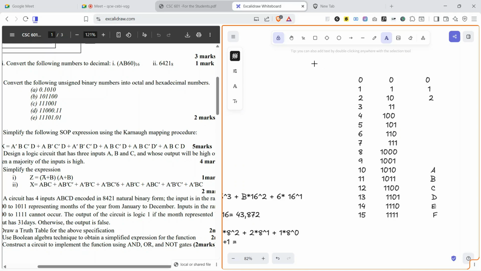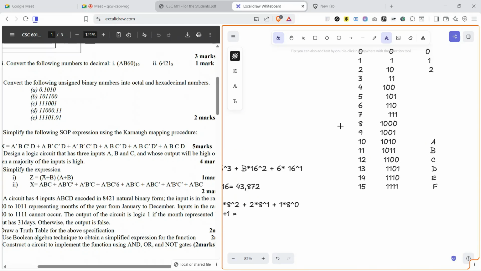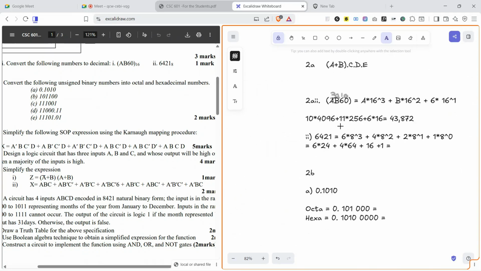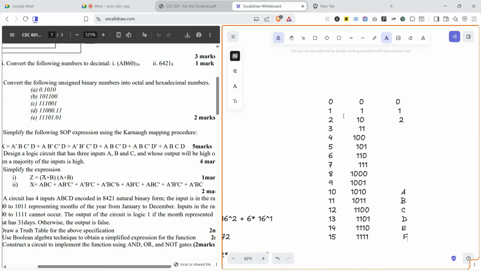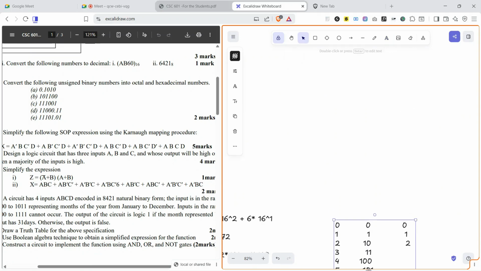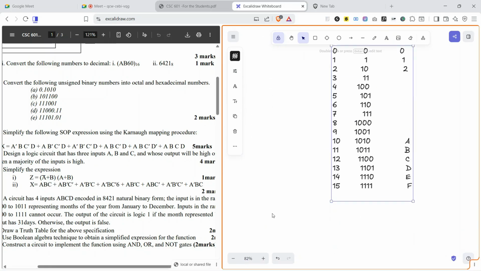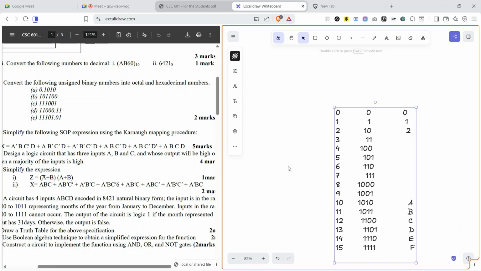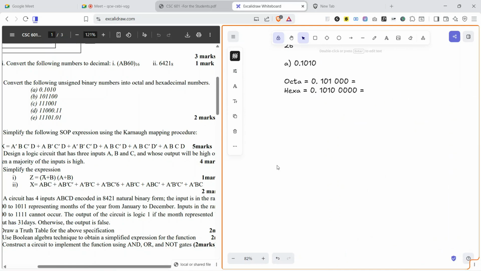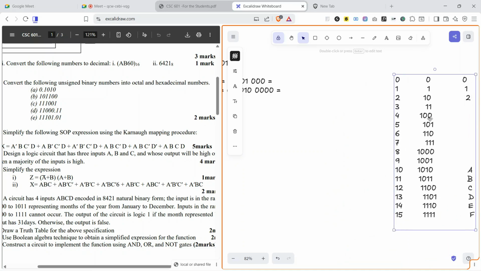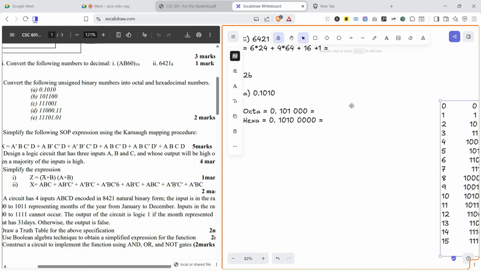So this is our representation. So let me just move this to this side. The reason I'm writing this is so that it will be easier to represent all of this.